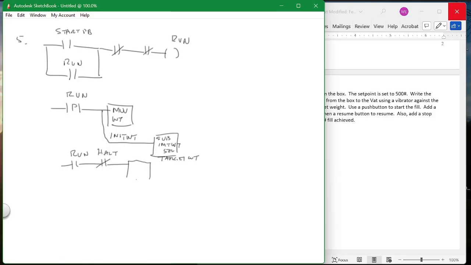And then you say, as long as I am running and I'm not halted, and I am greater than my target weight, I'm going to vibrate. Okay?